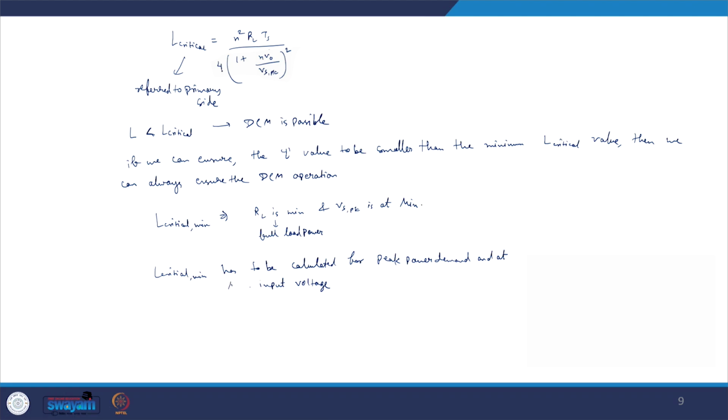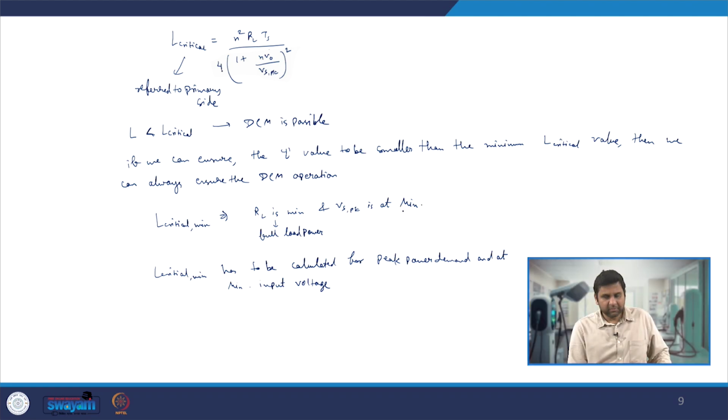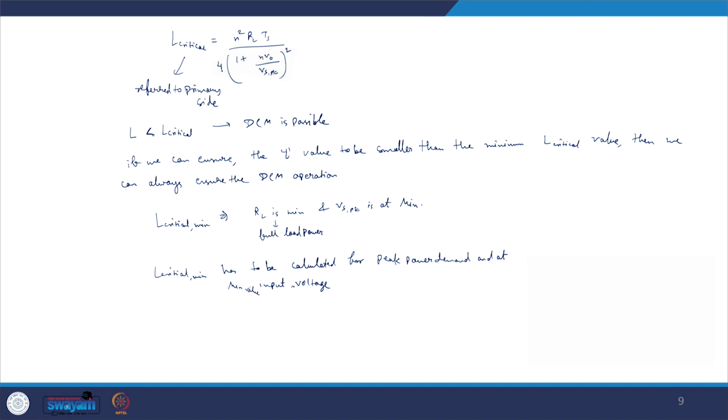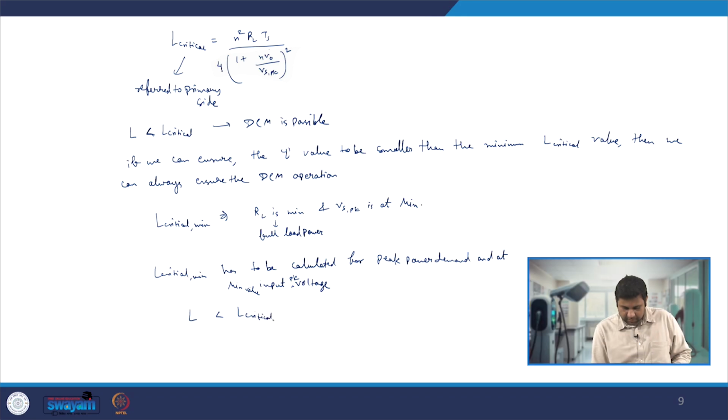In order to have the L critical to be minimum, RL has to be minimum and Vs peak has to be minimum, and L critical minimum has to be calculated for peak power demand and at the minimum value of input peak voltage. And if you select L to be less than L critical minimum, then DCM is ensured.